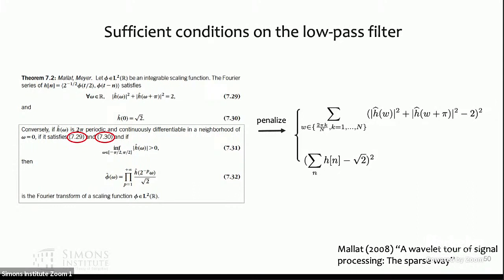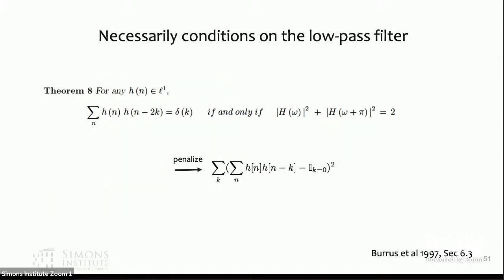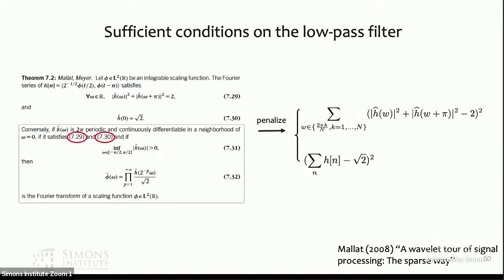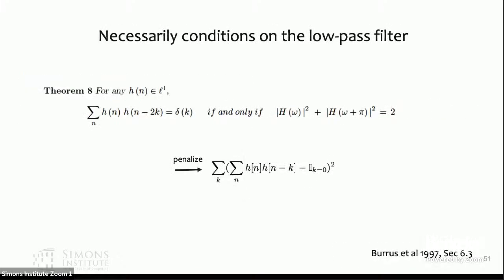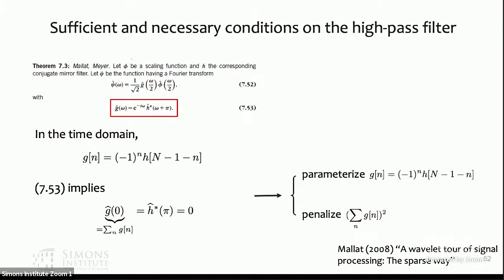We didn't deal with equation 7.31, because that's hard to bring into machine learning algorithms, but the other equations we just turn into constraints. That's part of the wavelet loss. We bring in more constraints for the low pass filter, both necessary and sufficient conditions, as equation constraints. There are also necessary and sufficient conditions for high pass filters, and we penalize those as well.